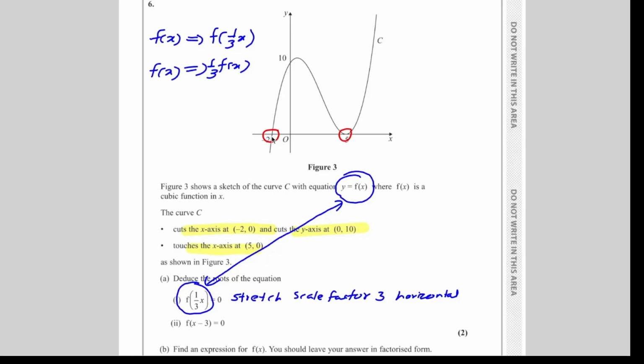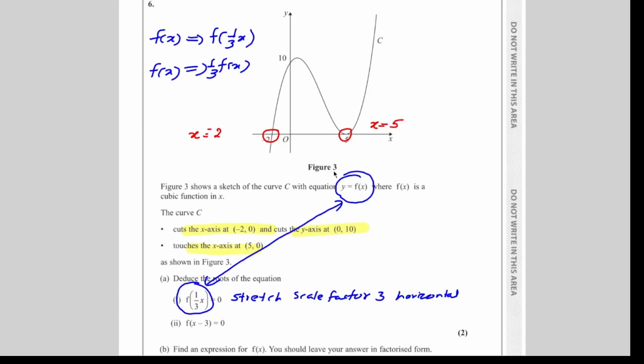So the roots in the original curve are x equals minus 2 and x equals 5, right?